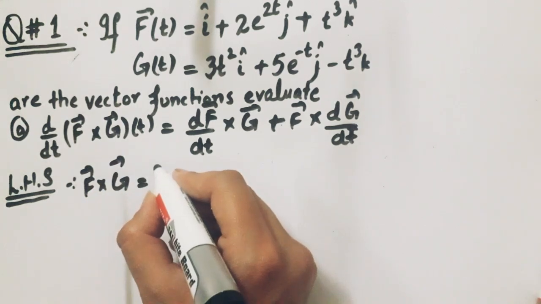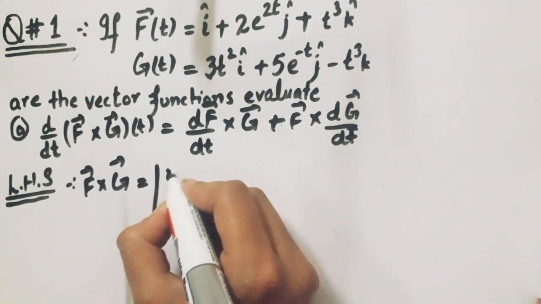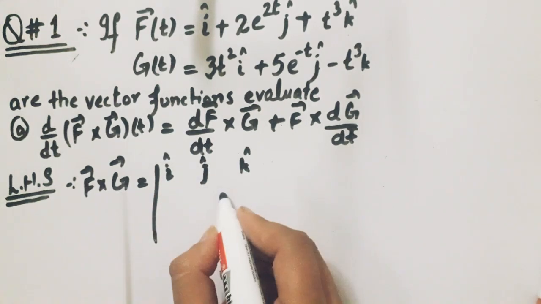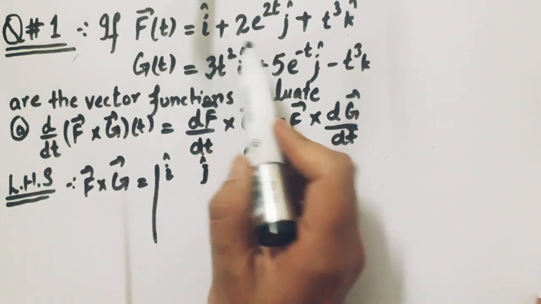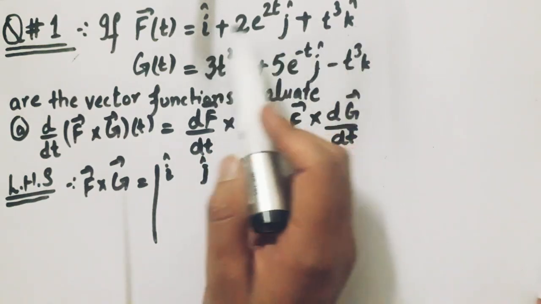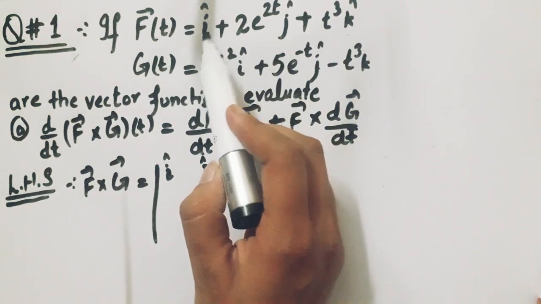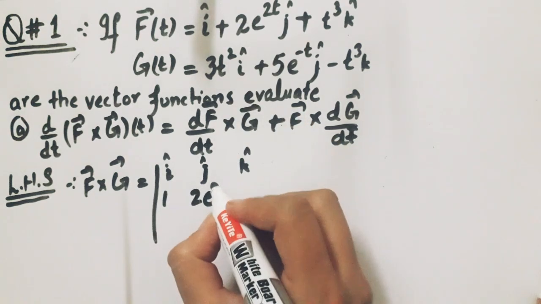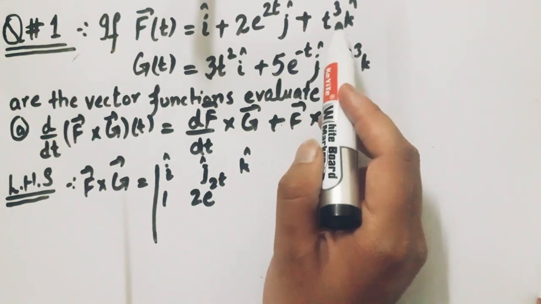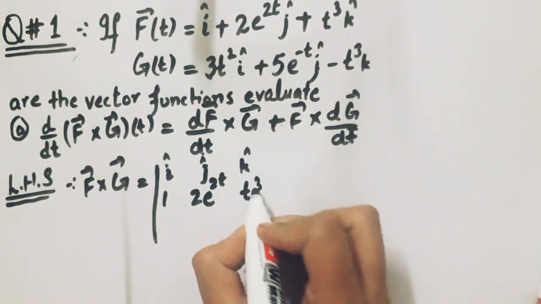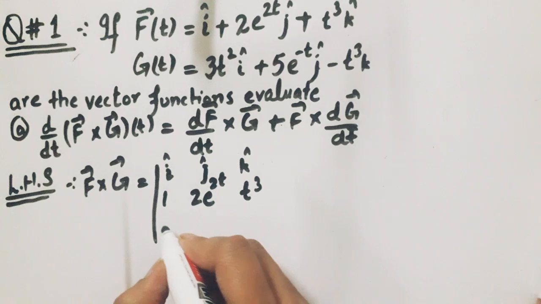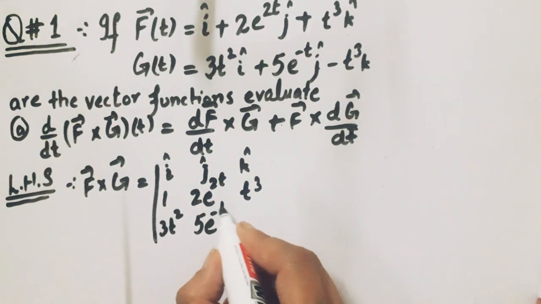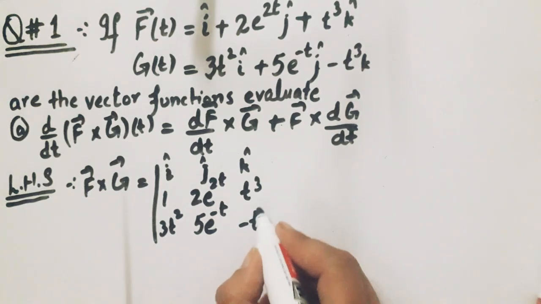First we will write the unit vectors i, j and k, then write the coefficients of the f vector, that are 1, 2e^(2t) and t^3, then for g: 3t^2, 5e^(-t) and minus t^3.